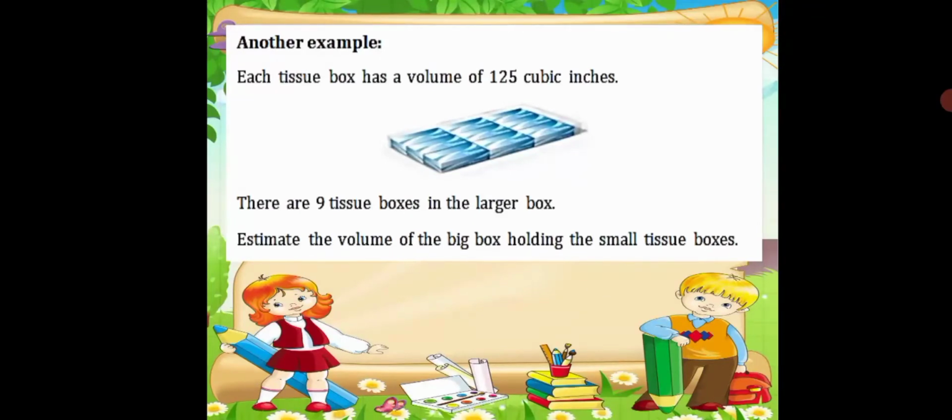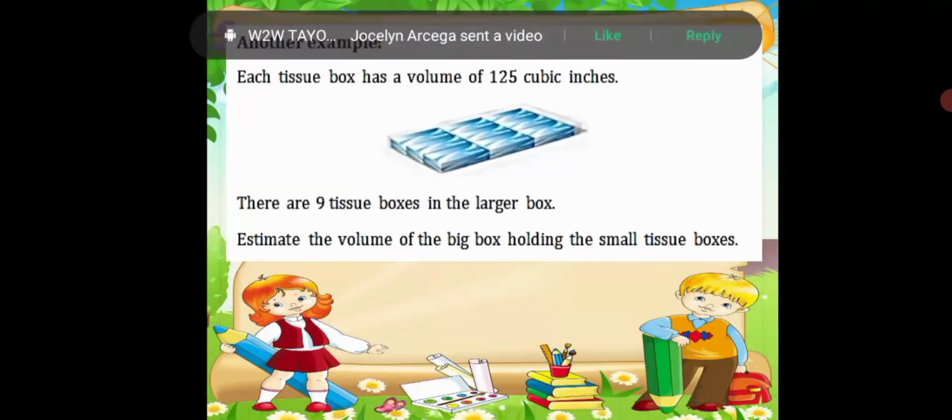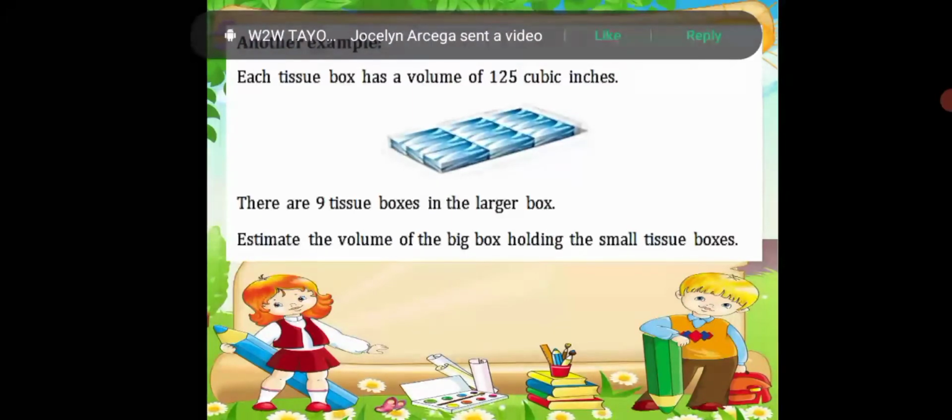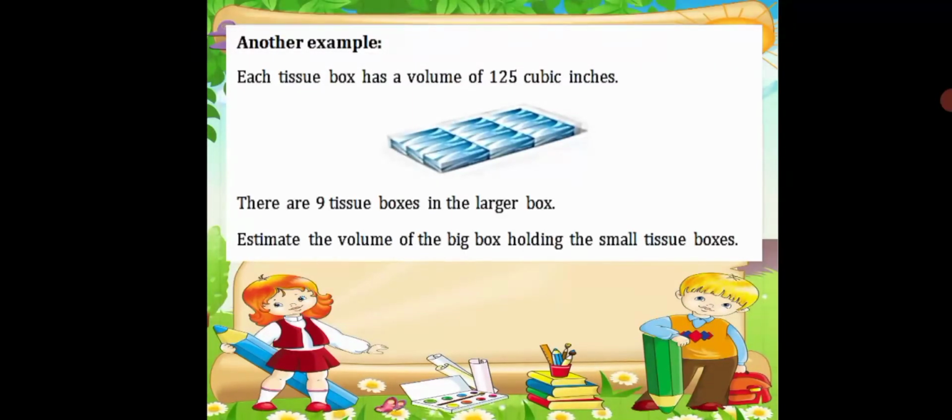In the example, each tissue box has a volume of 125 cubic inches. There are 9 tissue boxes in the larger box. Estimate the volume of the big box holding the small tissue boxes.